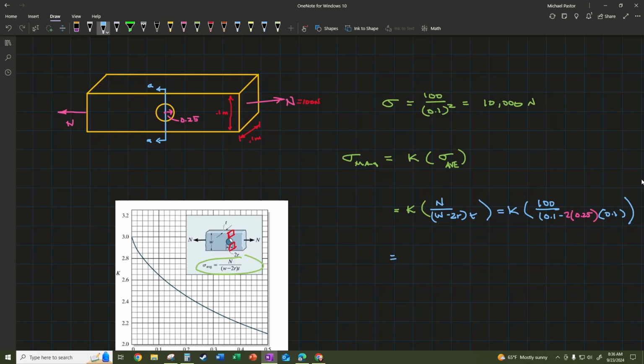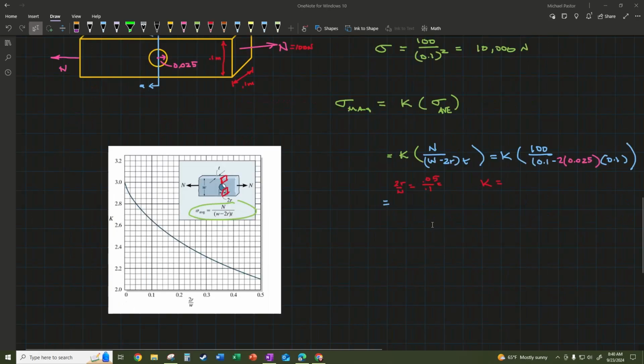And then putting in a value for K. And let's change our hole radius to 0.025 so we fit on this chart. And then we get 2R over W equals 0.05 divided by 0.1, which is 0.5, which puts us right here at 2.15 as our K value. So 2.15.